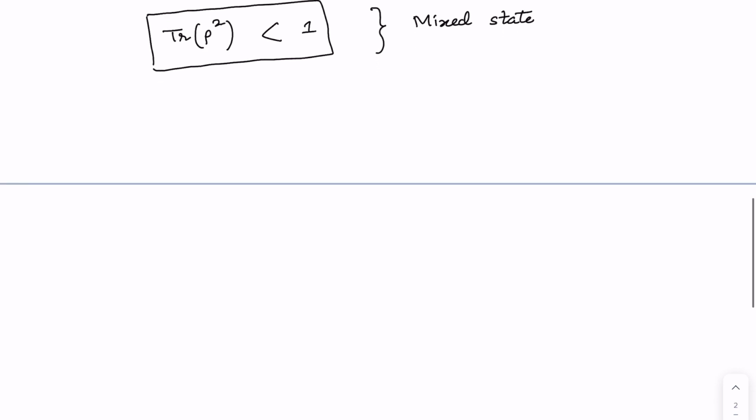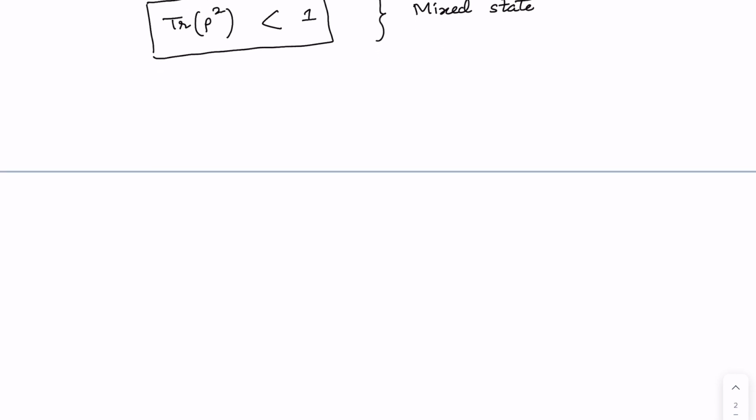Now let me discuss one very important usefulness of the density operator. One can use the density operator to find the expectation value of an operator.